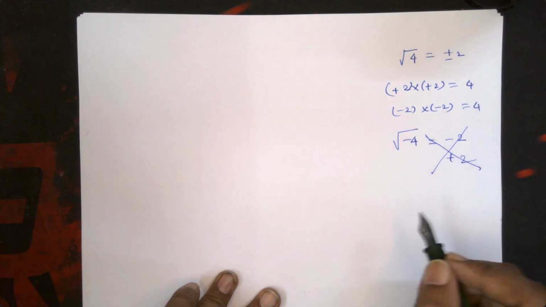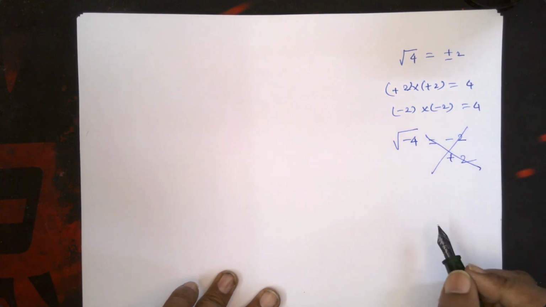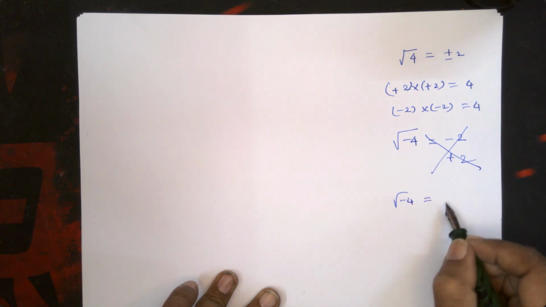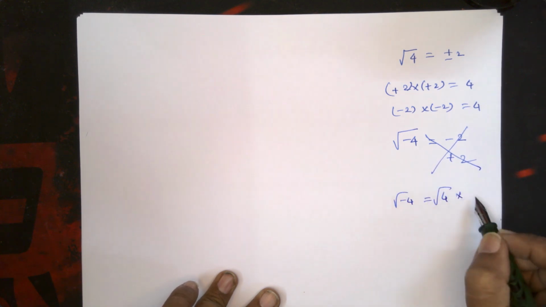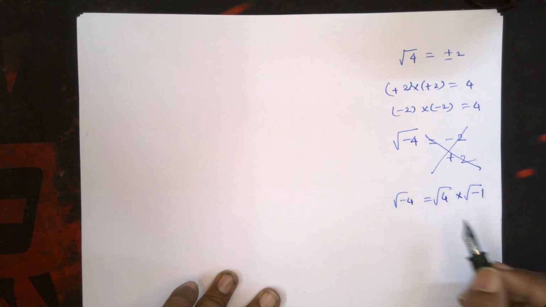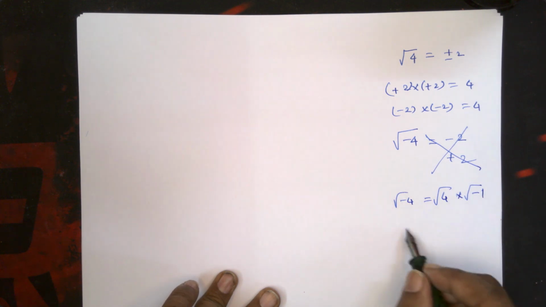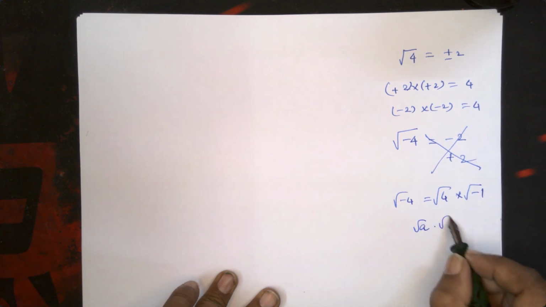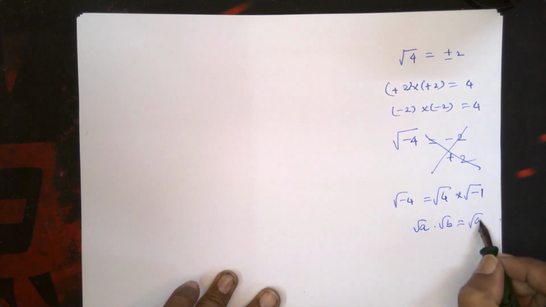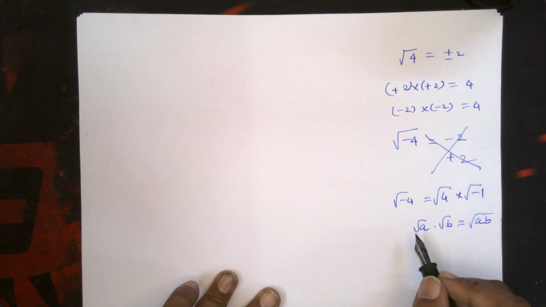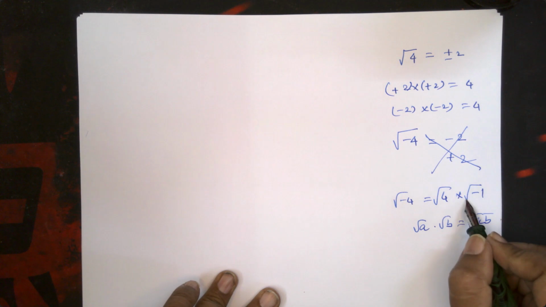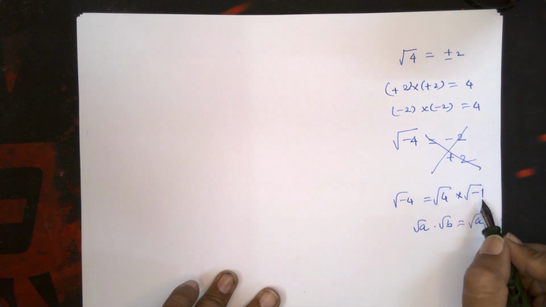Both are incorrect because this is minus 4. So I can do one thing. This minus 4 can be written as root 4 into root of minus 1, correct? Because we know this formula, root A into root B is equal to root AB. We can split like this. So similarly, this root minus 4 can be written as root 4 into root of minus 1.